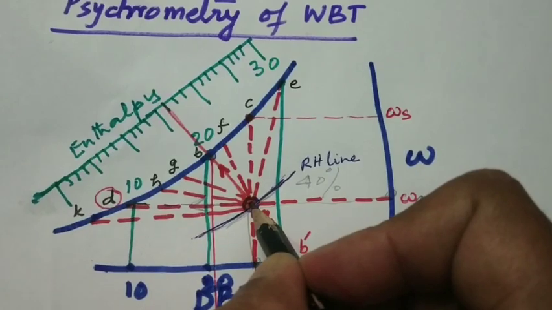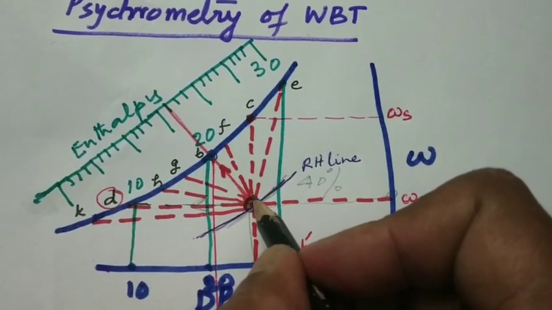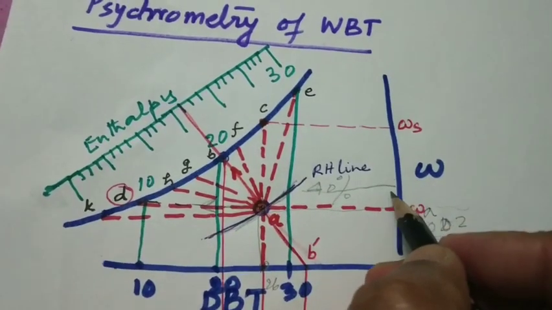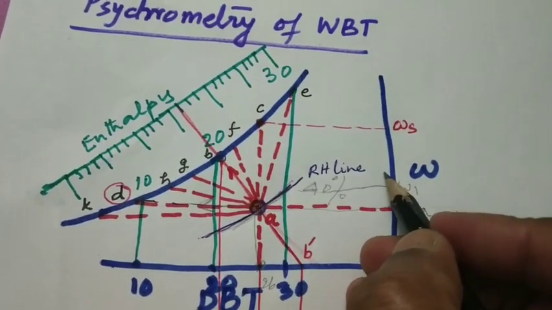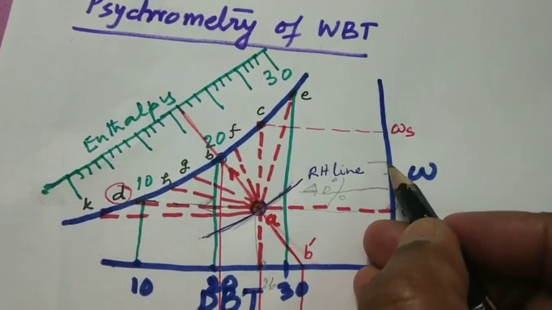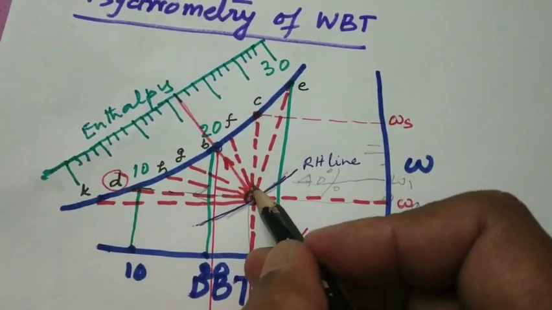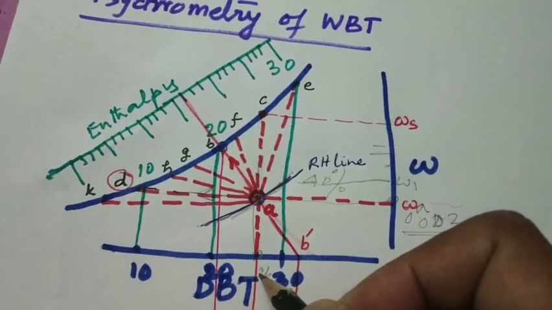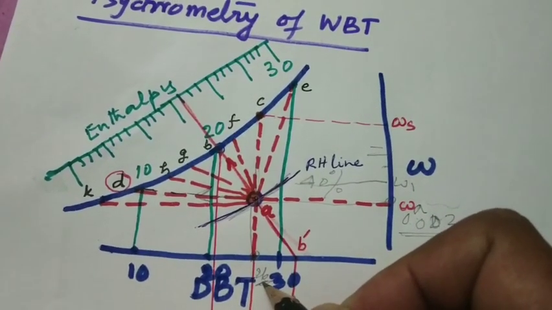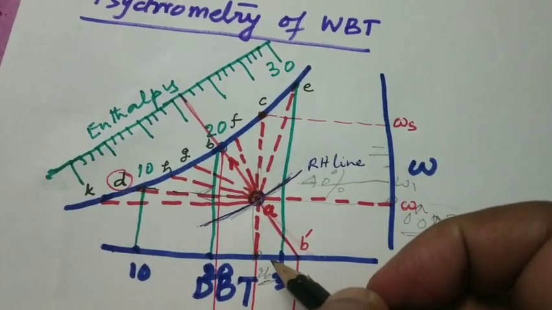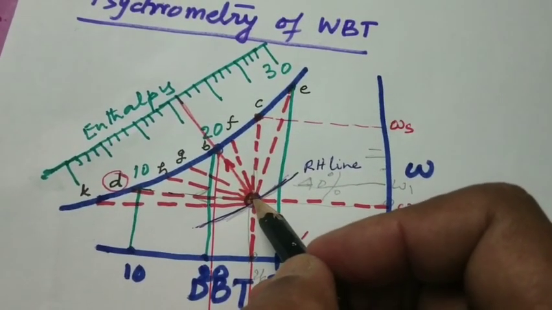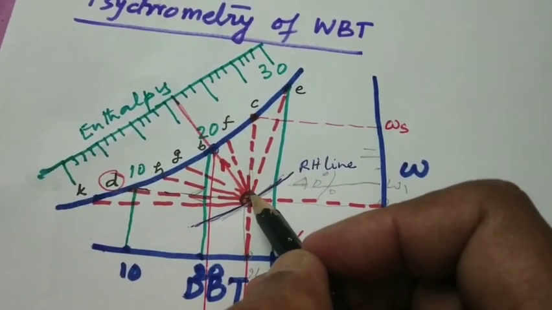If we go on adding water vapor, its water vapor content, omega, will change. So this will be omega 1, this will be omega 2, it will increase. So the omega value will go on increasing, the water vapor content is increasing, but the dry bulb temperature is still 26 degrees centigrade. Its temperature is not changing. Check the temperature, it will be 26 degrees centigrade. Water vapor doesn't increase the temperature of the air.